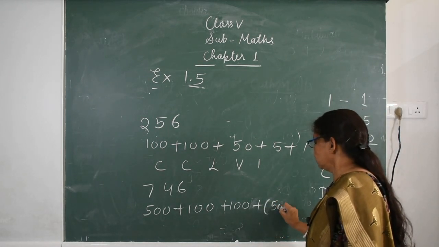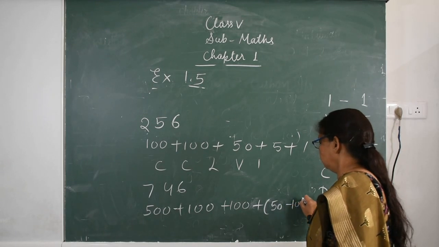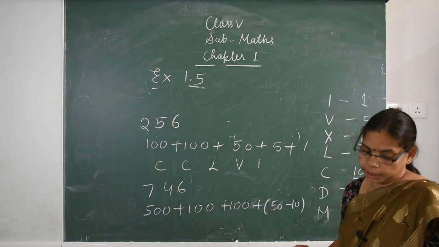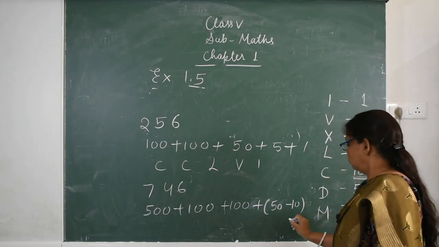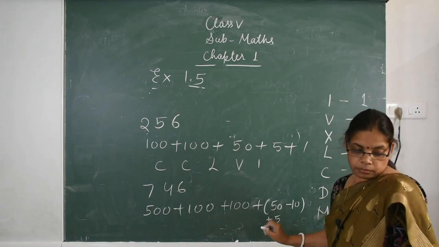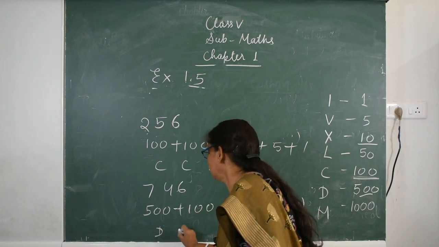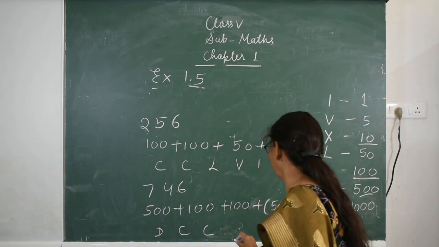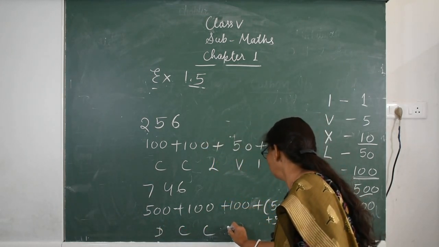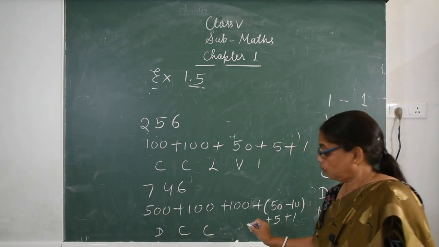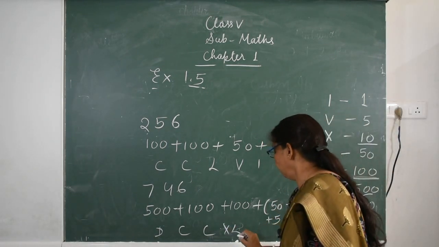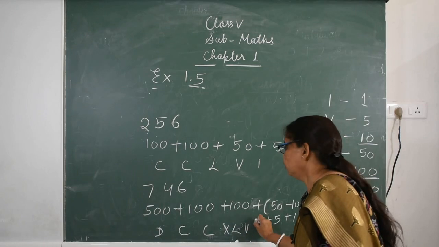Then 50 minus 10, it means 40, plus 1. D, C, C and X, L and V and I.